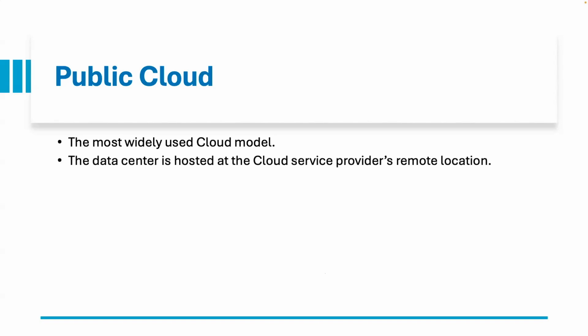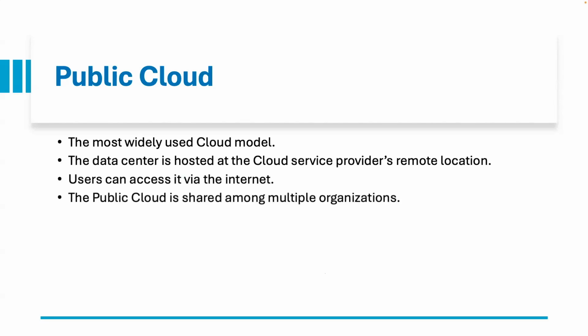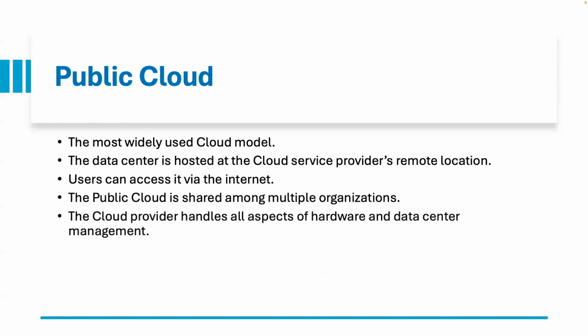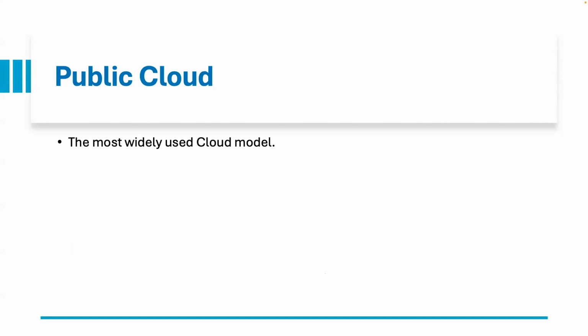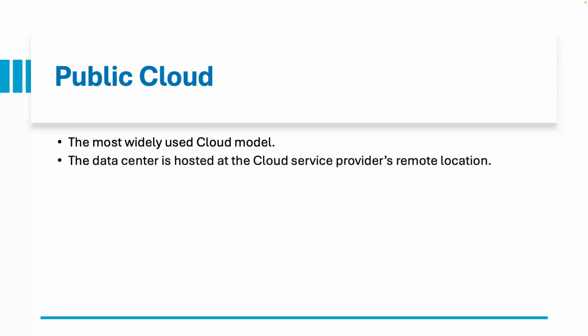Most popular, now you can guess, right? The data center is hosted at a remote location, and users can access it via the internet. Public cloud is shared among multiple organizations. The cloud provider handles all aspects of hardware. If you consider private and public cloud, public cloud is the most widely used cloud model.